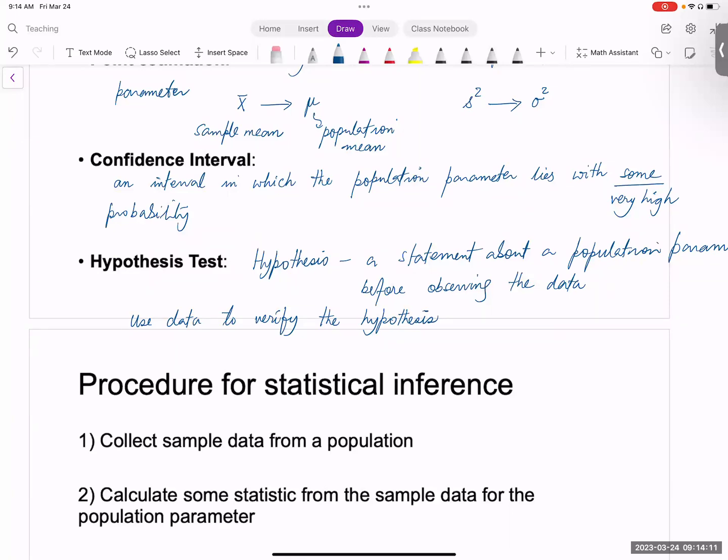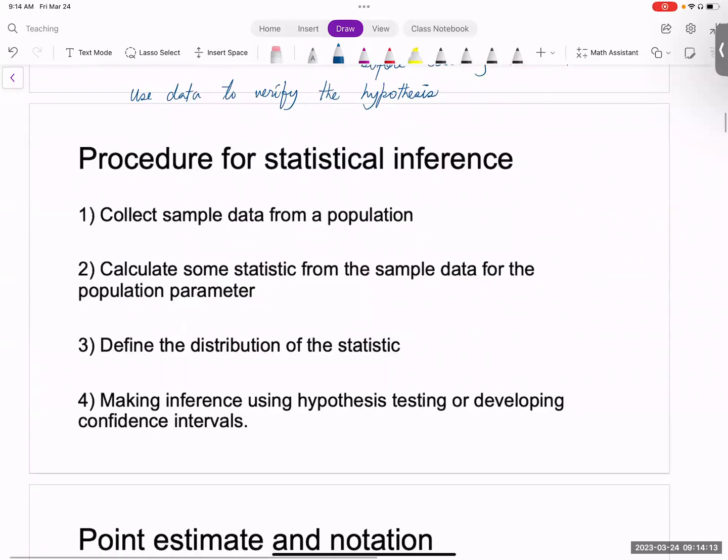All right, so we'll start with point estimation and dig a little bit deeper. But before I go there, there's usually a well-defined set of methods for performing statistical inference. Now, you don't have to do all of these for this course. We are not going to collect data from a population in this course. But in general, when you encounter a statistical inference problem in real life, this is what you would do.